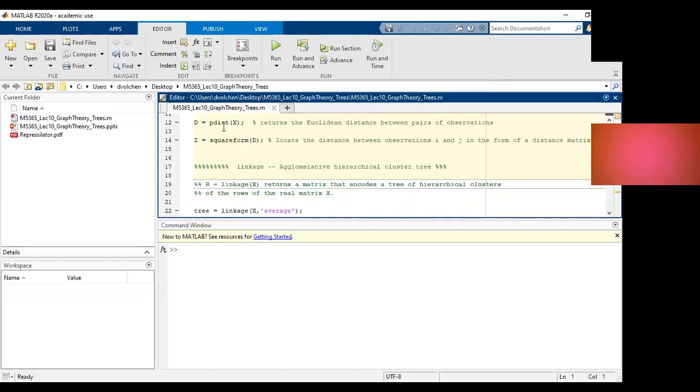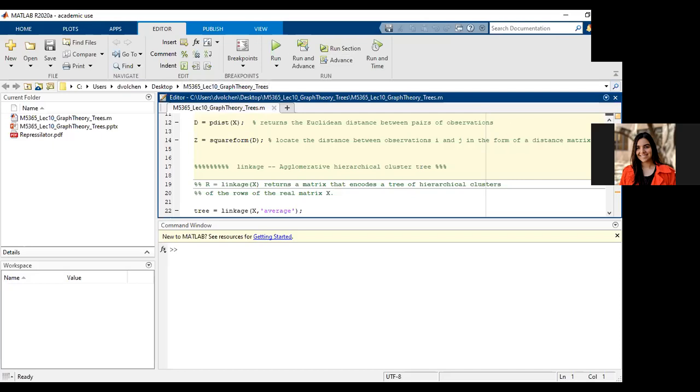Discuss the command pdist, calculating Euclidean distance between pairs of observations. Then we transformed this distance vector, a list of all distances, a long vector of n times (n minus 1) divided by 2.